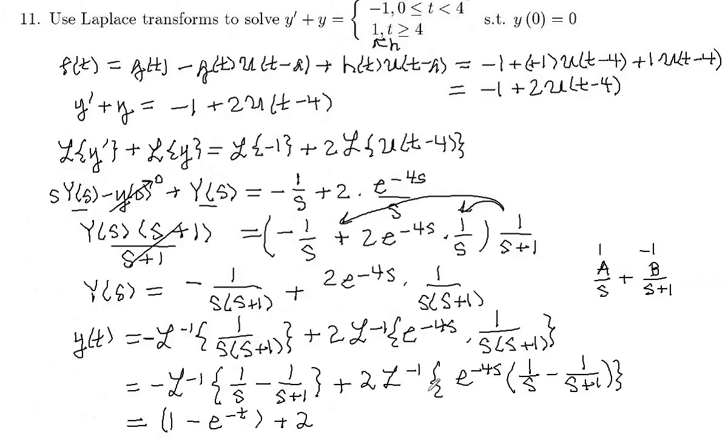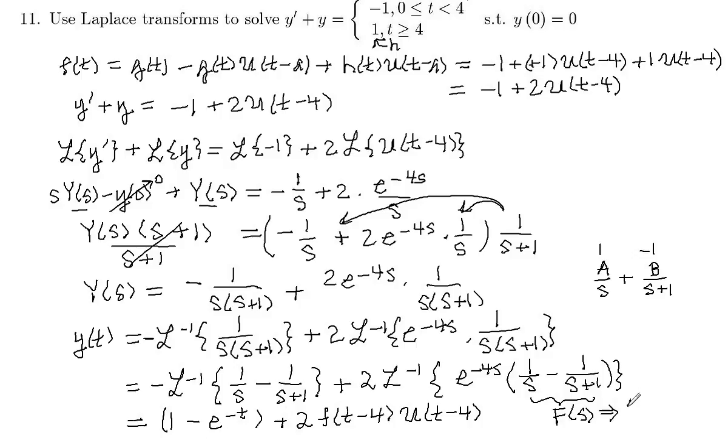Ours is 4. So this is going to be f of t minus 4 times u of t minus 4. And then we just need to figure out what is our little f of t. This is our cap F of s here. So we do inverse transform of that, and we get this function here.